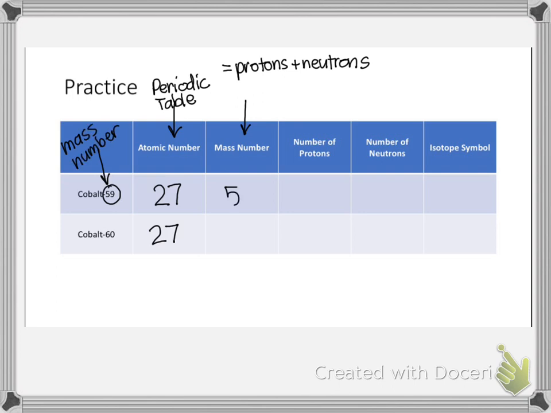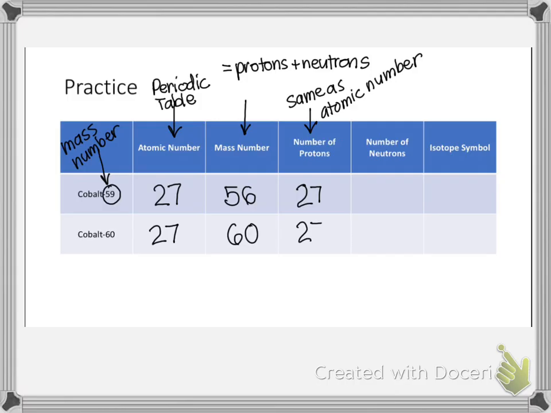So this mass number would be 59, and this mass number would be 60. Now the number of protons is the same as the atomic number. So this would be 27, and this would be 27.